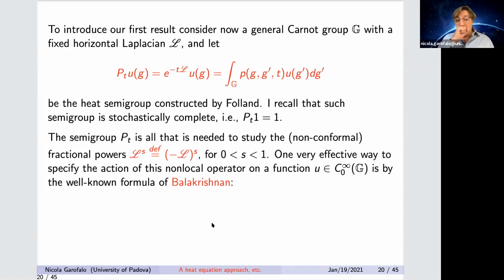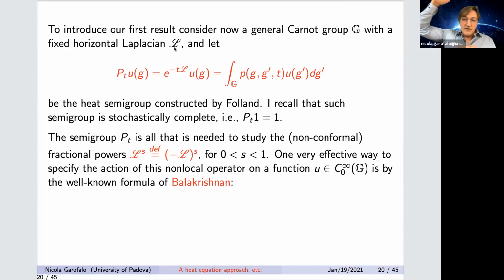This semigroup is all that is needed to study the fractional powers defined in this way. So I take minus L to the s. L here is a fixed horizontal Laplacian associated with one orthonormal basis of the first layer, the horizontal layer.